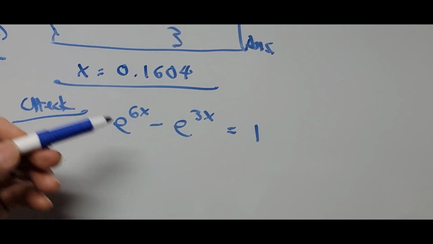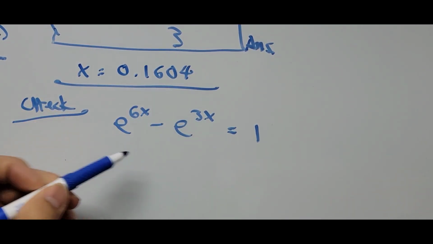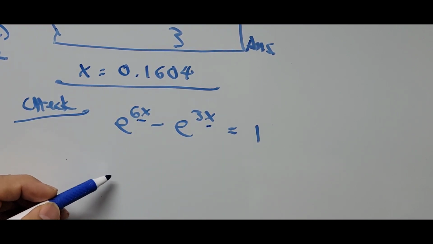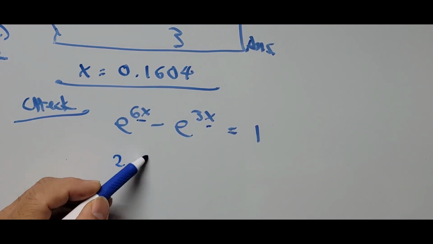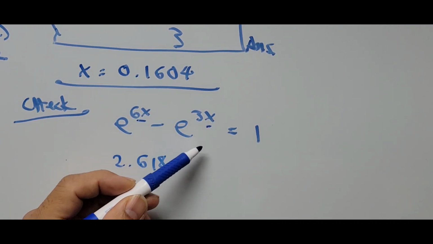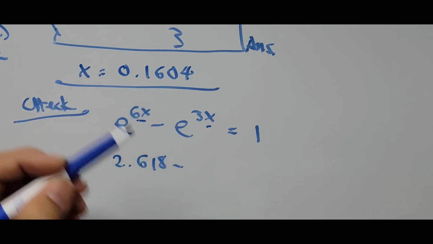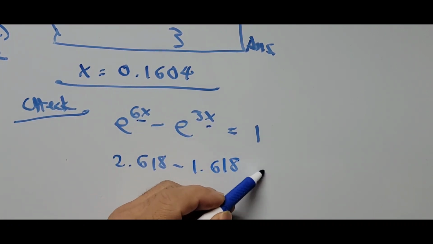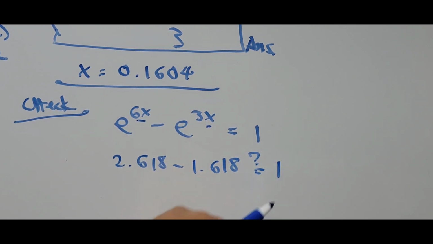Substituting the value of x, 0.1604, into the exponents, the first term becomes 2.618, minus the second term with exponent 3x, which is 1.618. Is this equal to 1?